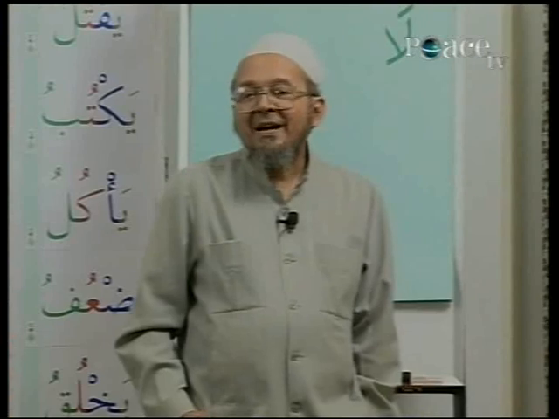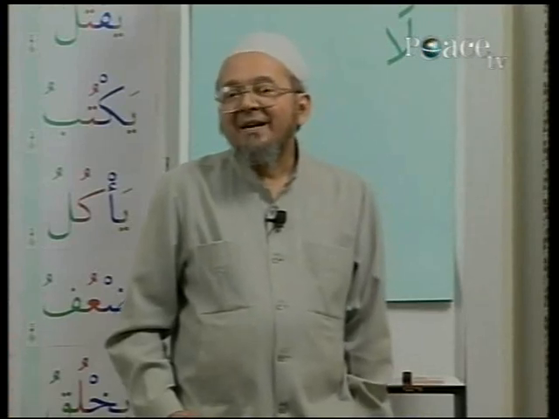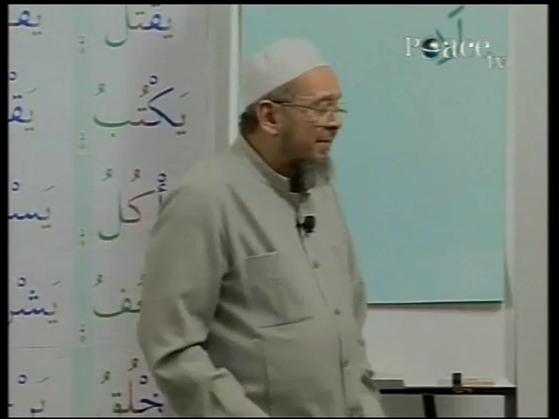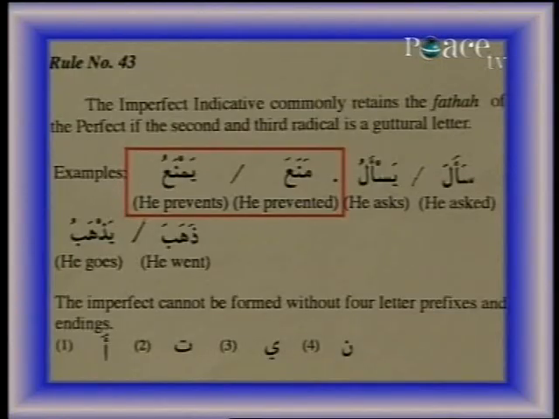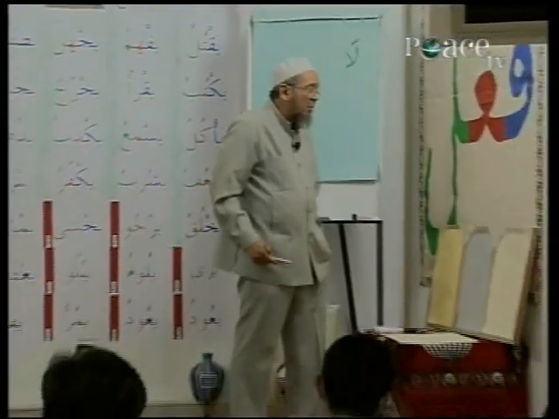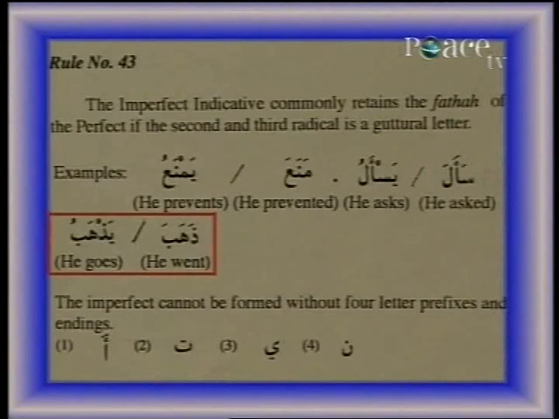Hamza, ha, ayn, ha, ghayn, kha. These are the six guttural letters. Mana'a, yamna'u. He prevents. Mana'a, he prevented. Yamna'u, he prevents. Dhahaba, yadhhabu. Dhahaba, he went. Yadhhabu, he goes.